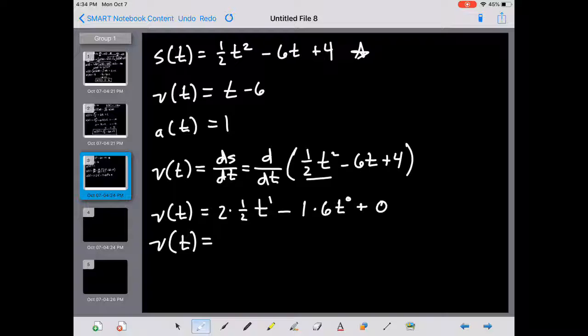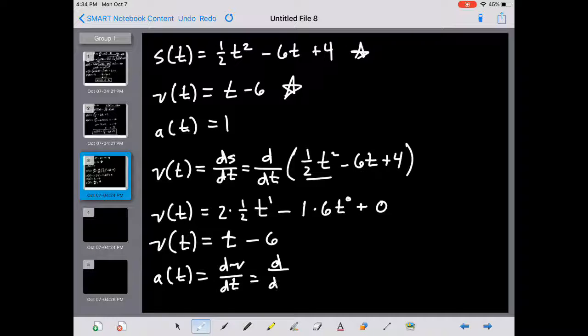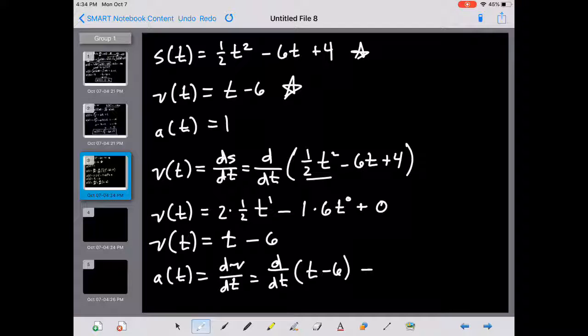So I get that v of t is equal to t minus 6, which checks out with what we started with. Now I can get a of t by taking the derivative of v of t. So a of t is equal to dv dt, which is d dt of t minus 6.